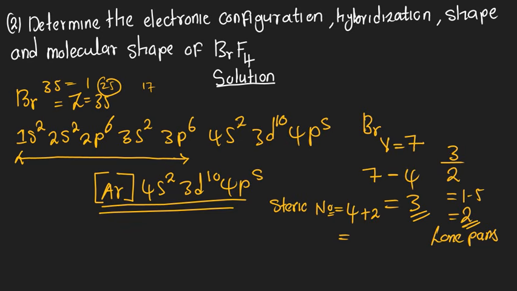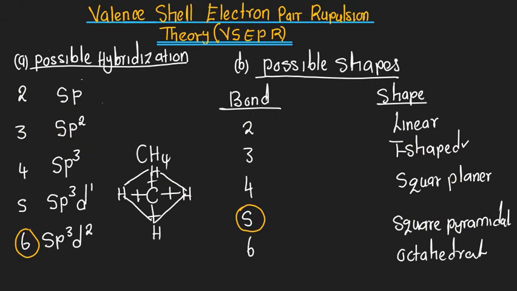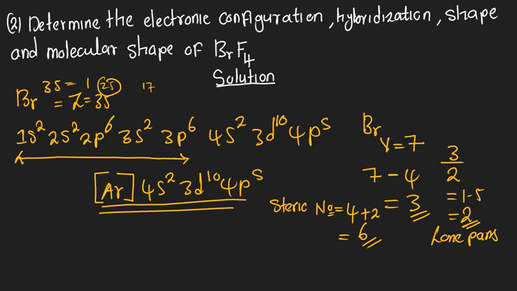So you get 4 plus 2, which is 6. So the hybridization is sp3d2.